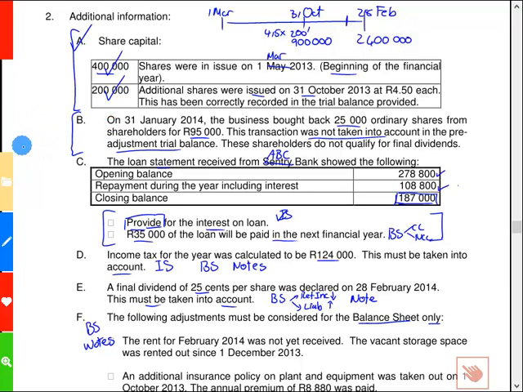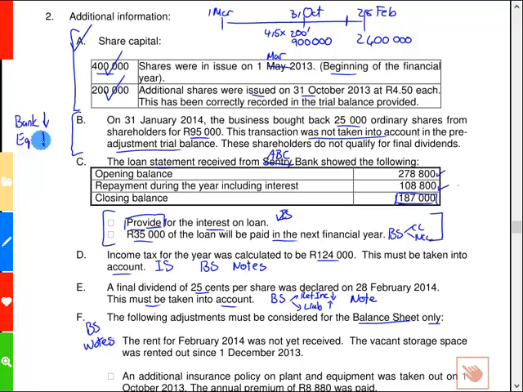We bought back for 95,000 rand. So what's happening to my cash? Bank is going to go down, and then my equity needs to go down.